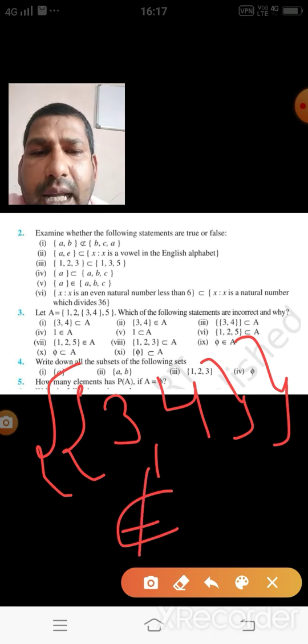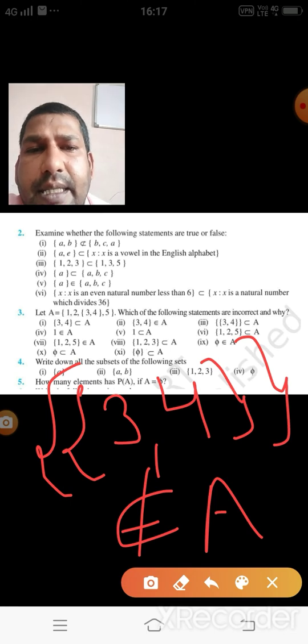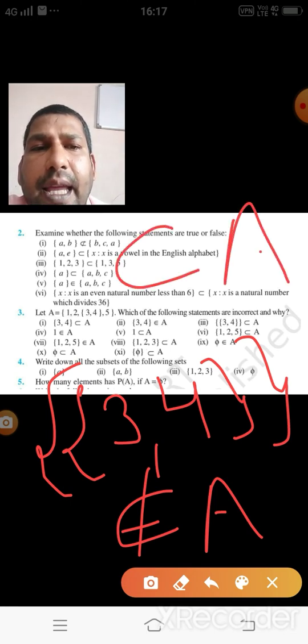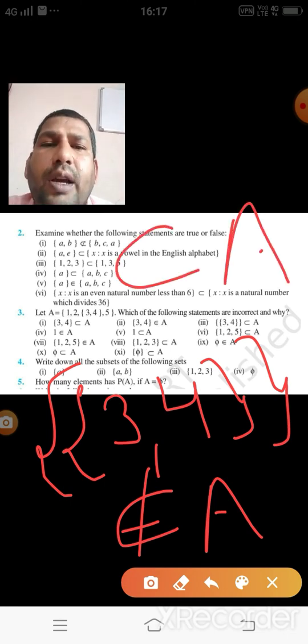It is not an element of A, it is a subset of A. And this you have to learn: which one is the element, which one is the subset.